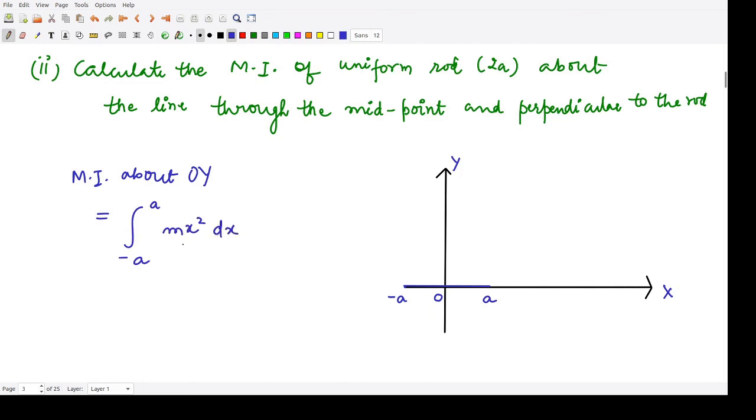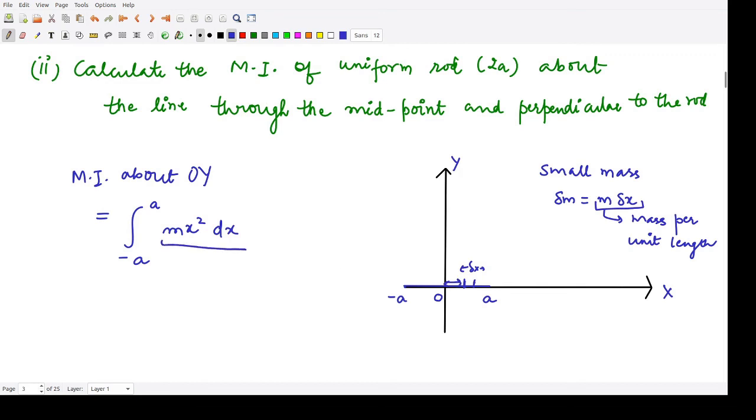This quantity would be exactly the same, because we would have the small mass delta m equivalent to m into delta x, where m is the mass per unit length, and we have assumed the small portion of this length to be delta x. So the small mass would be m into delta x, and whatever this distance is, it is x. So we have m into x square into dx, and the limits of integration now vary from minus a to a.